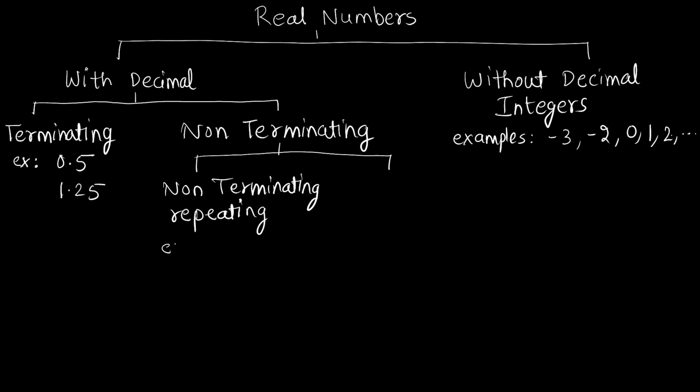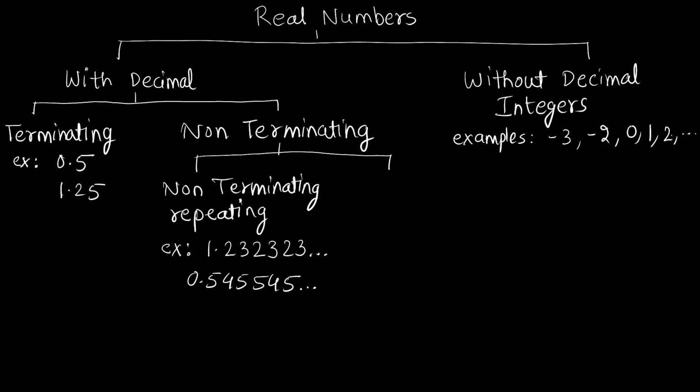The examples of that will be, let's say you have 1.23, 23, 23 and so on. These three dots mean that it will not terminate. Right? So here you can see that 2, 3 is a pattern. It keeps on repeating, right? In this decimal expansion. Same way you can consider 0.545, 545. So this 545, 545 keeps on repeating, right? So we can consider this decimal expansion as non-terminating and repeating.